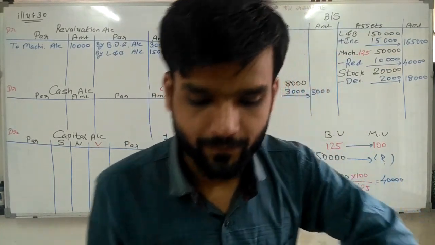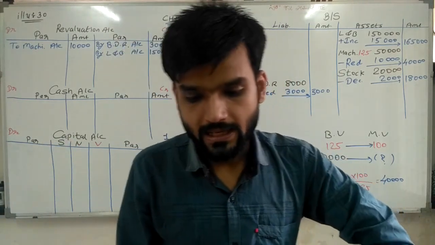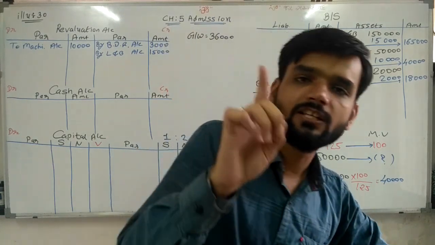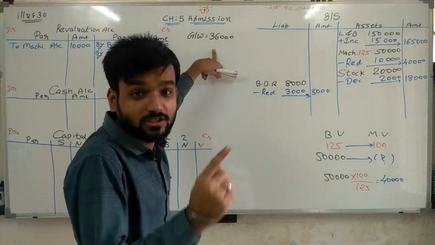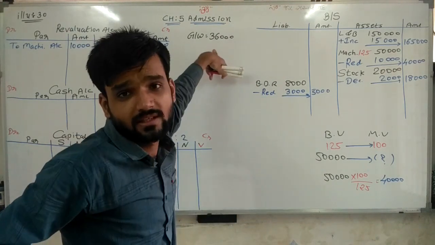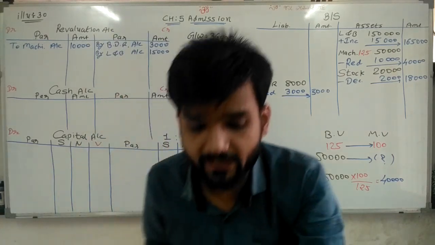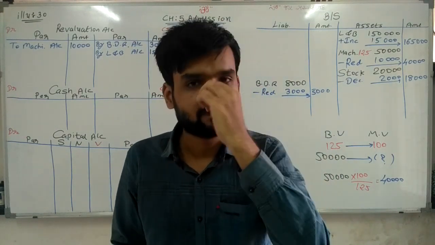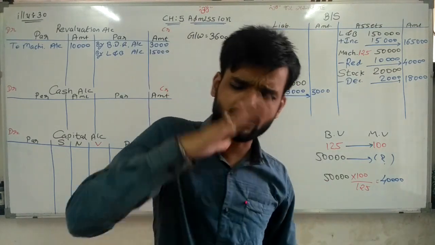Vijay will bring 50% of net asset of the new firm as capital and his share of goodwill in cash. Now this goodwill is used because he brings his share in cash. And one most important thing, 50% of net asset brought by new partner Vijay. That is also a new topic here. For that I have taken this sum.